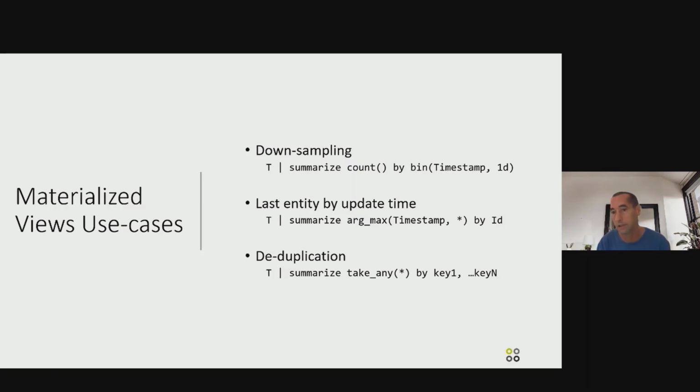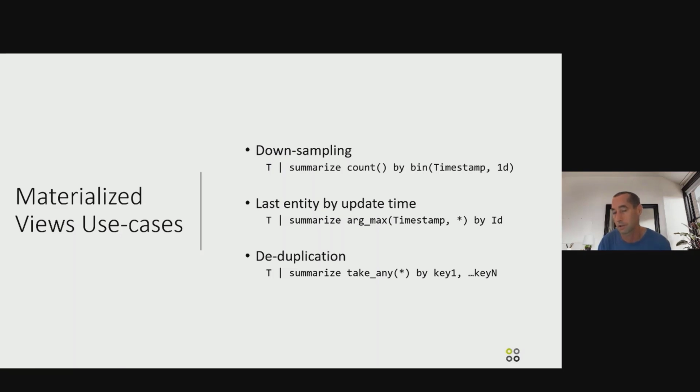The second case is getting the last entity by the update time. This is a case where there is a sensor, the sensor sends the state of that sensor all the time, and you're only interested in the last view of this sensor. What is the current temperature? How far is the bus from me? Things like that.